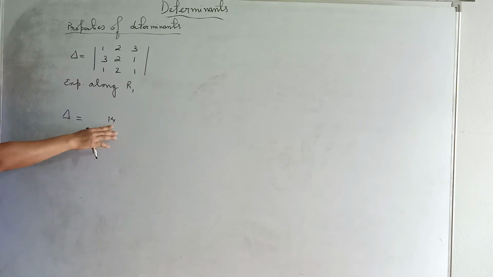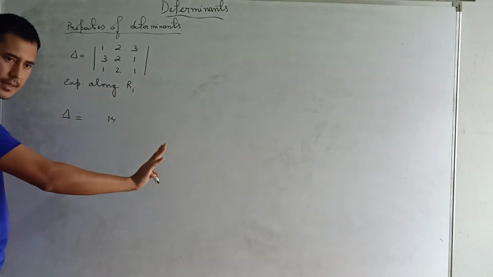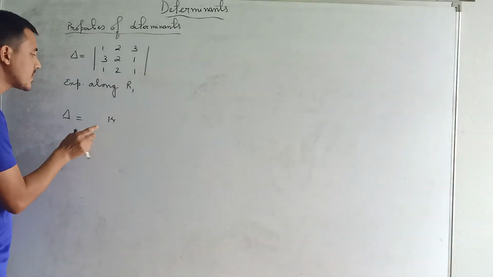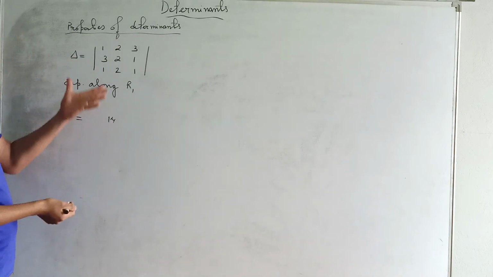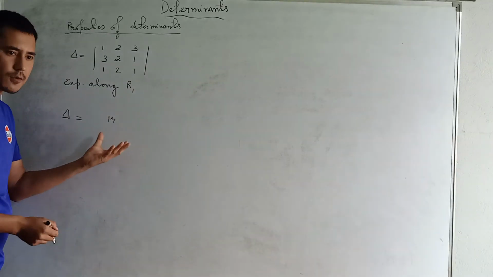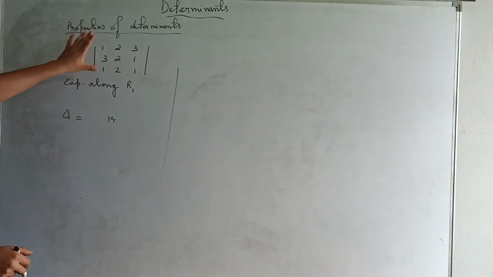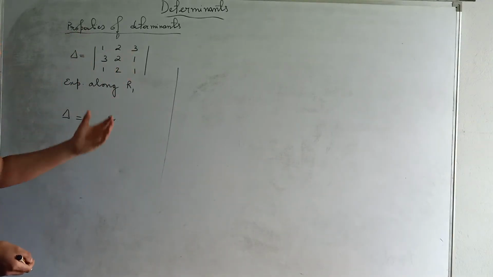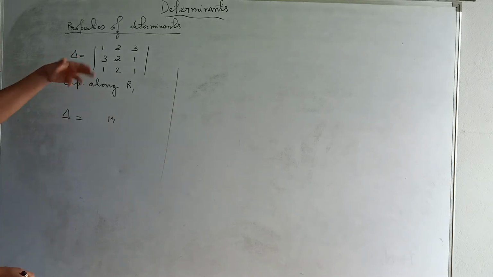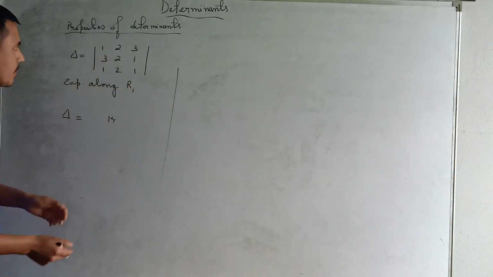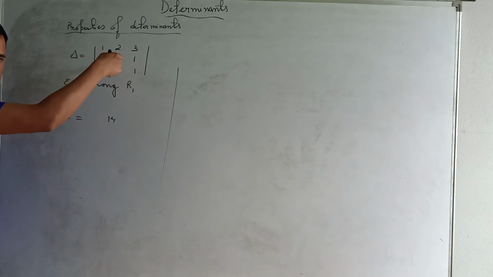It's maybe incorrect, but suppose I'm assuming that the expansion of this determinant gives you 14. Now, I feel that expanding this determinant will consume more time, so I'm going to do some operation here. I'll try to make more zeros in this determinant.